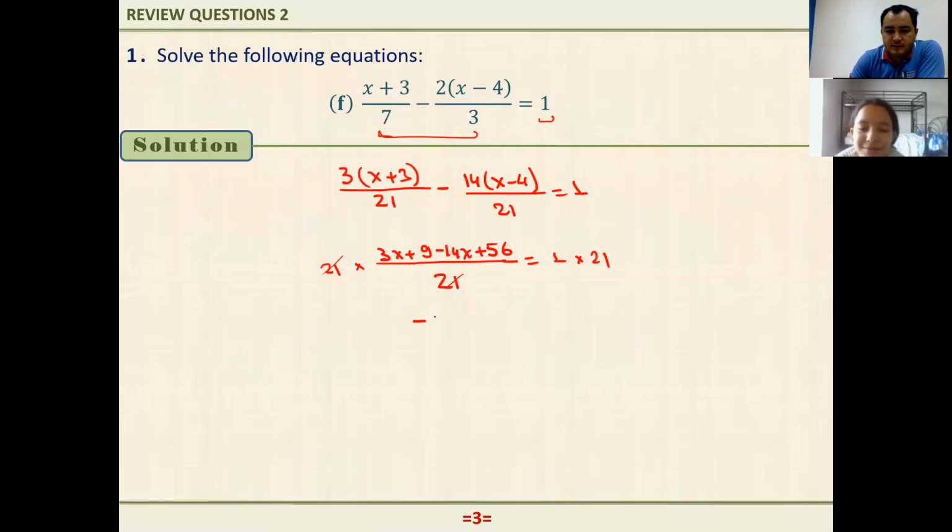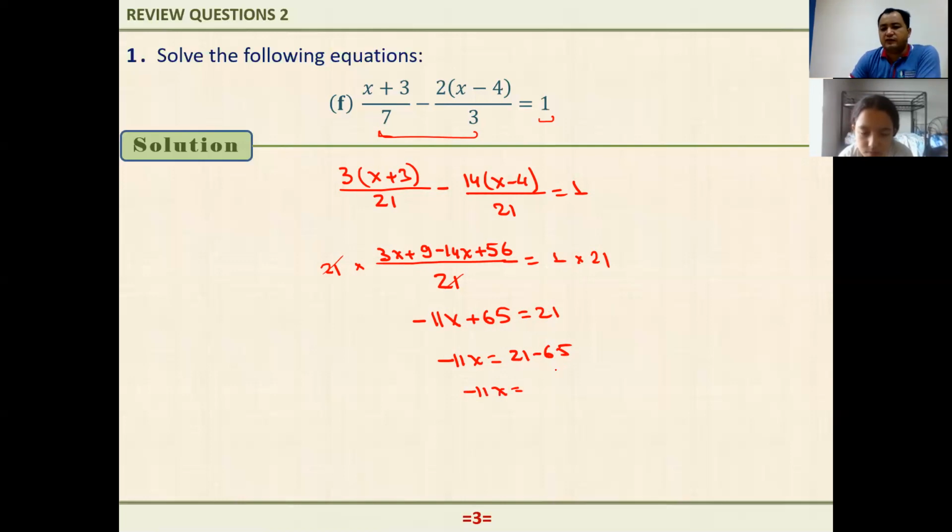What is 9 plus 56? That is 65. And on the right-hand side, 1 times 21, we have 21, right? Minus 11x. We should take this to the right-hand side.